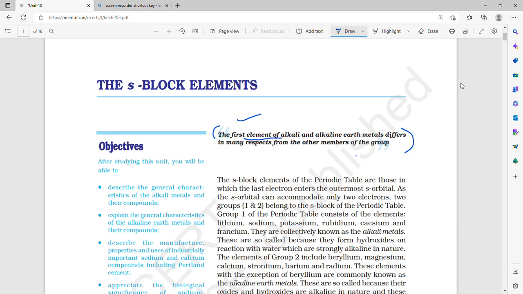That is, the first element of alkali, that is group 1 elements, and alkaline earth metals, that is group 2 elements, both differ in many respects from the other members of their own group. So they show anomalous behavior.